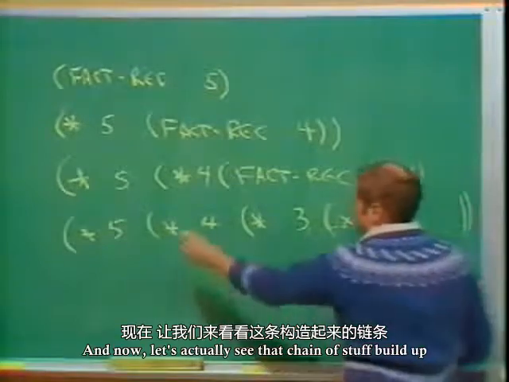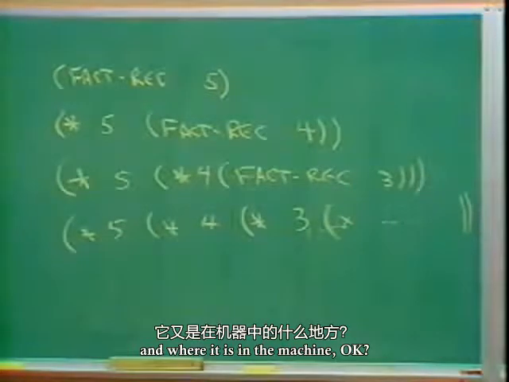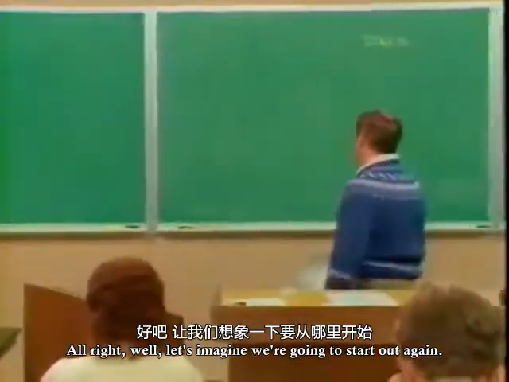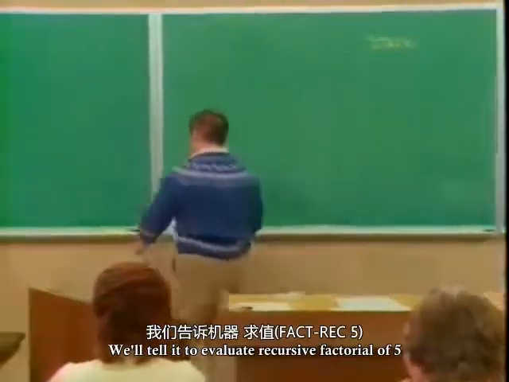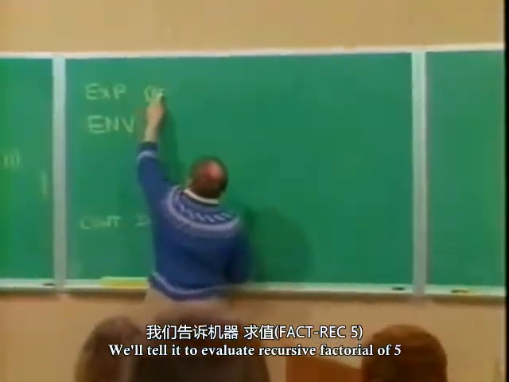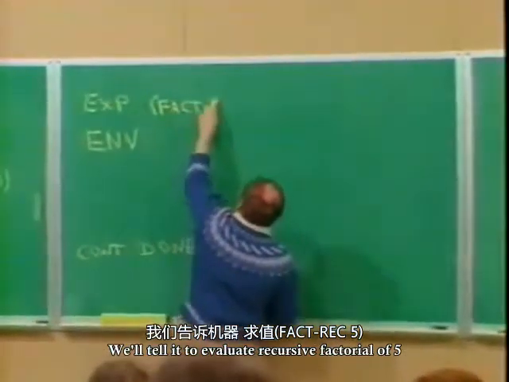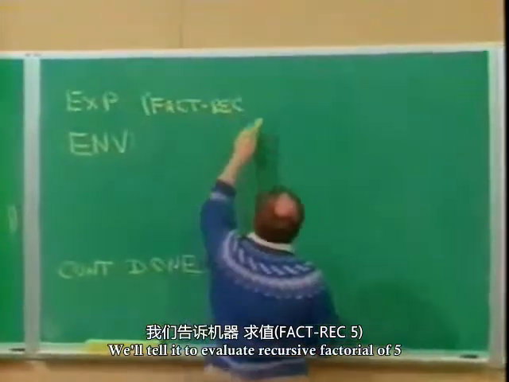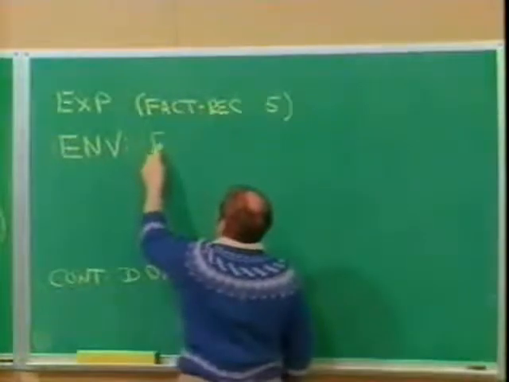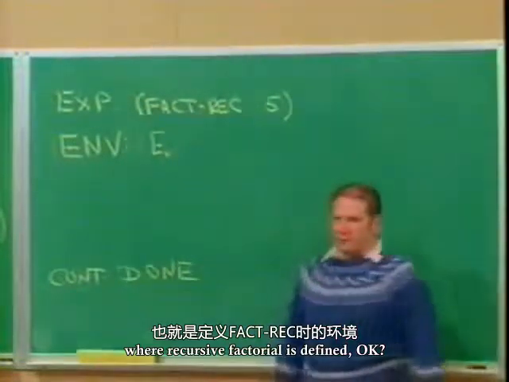And now let's actually see that chain of stuff build up and where it is in the machine. Let's imagine we're going to start out again. We'll tell it to evaluate recursive factorial of 5 in some environment, again, E0, where recursive factorial is defined.